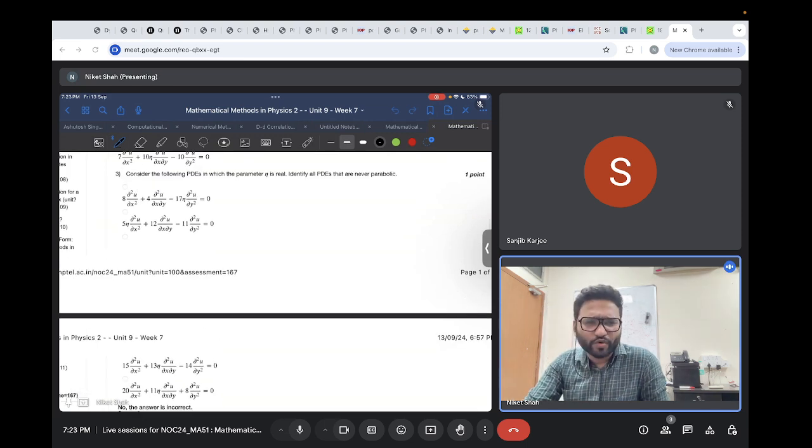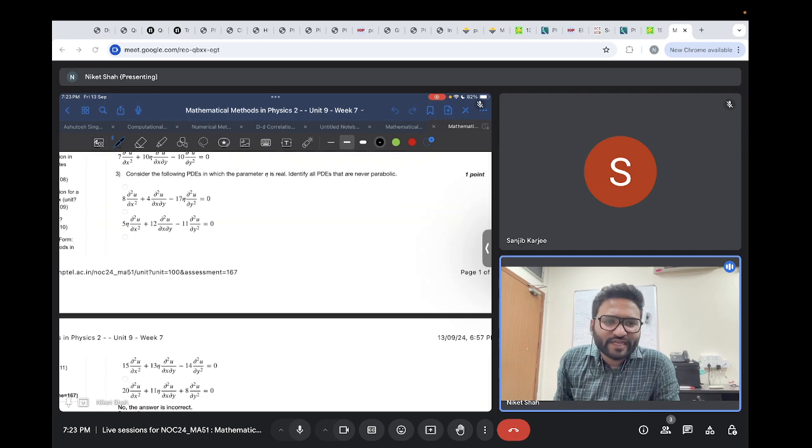Again, the third question is also very similar. Identify all PDEs that are never parabolic. So for parabolic, b square minus 4ac has to be equal to 0. So it's the same drill again. You take an equation, write b square minus 4ac, and check whether you get a condition where it can never be 0, and there will be other conditions where it can be 0, it can not be 0 either way.